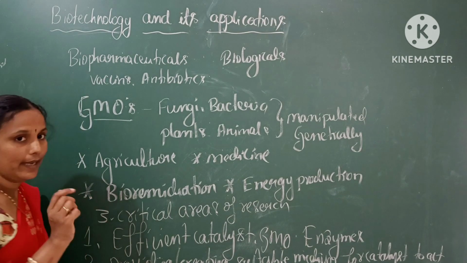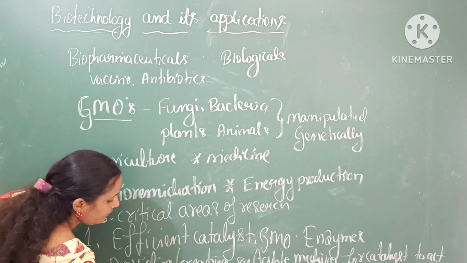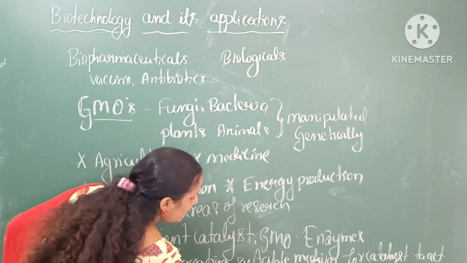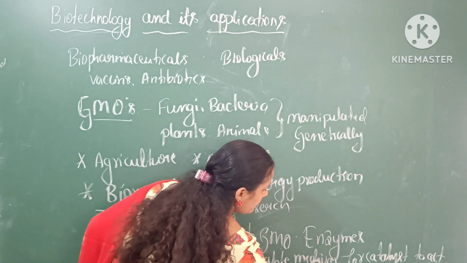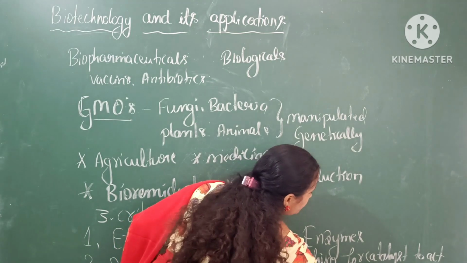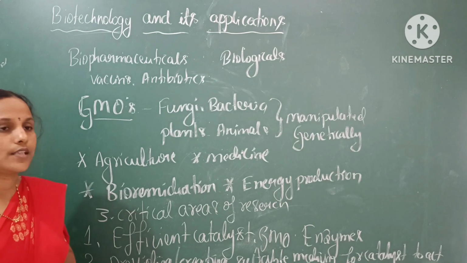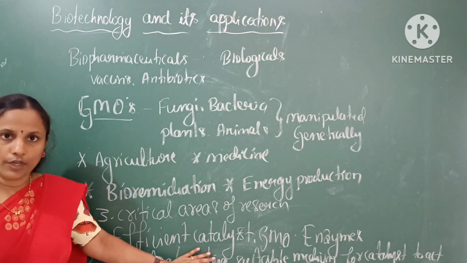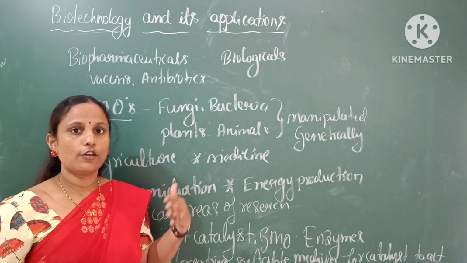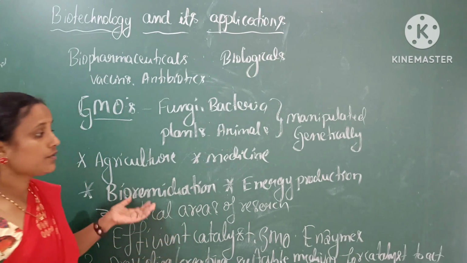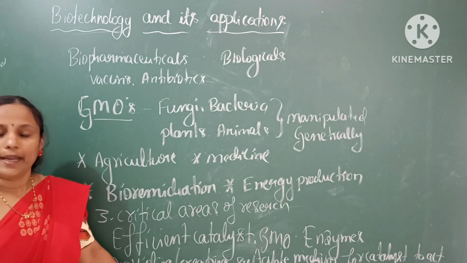That is the third critical area, that is development of better downstream processing. So these are the three critical areas of research on which the scientist will be working in any of the sectors. It could be medicine, or agriculture, or production of biopharmaceuticals or energy production, anything. The scientist will be working on these three areas.